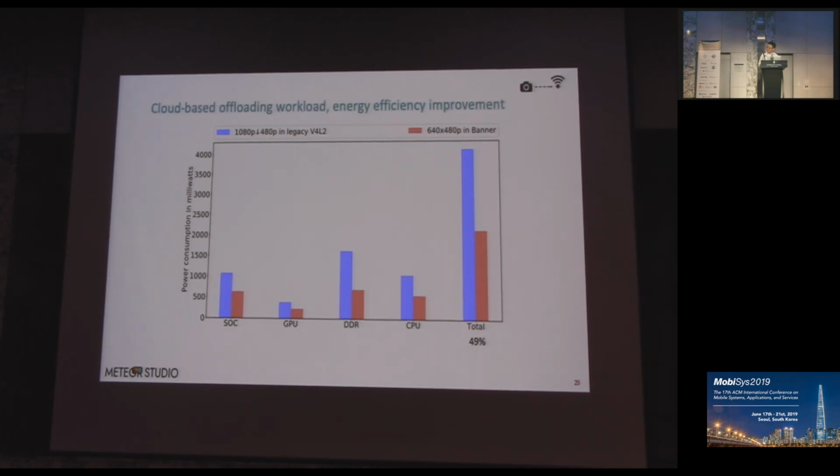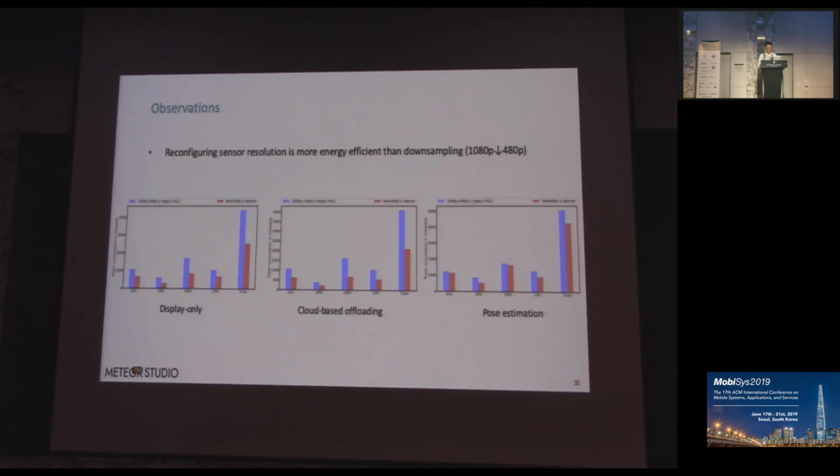In the cloud-based offloading workload, all components on board also consume less power working at real 480p, which in total consumes 49% less power. And in the marker-based pose-estimation workload, this trend continues with a 16% total power saving. So we observed that reconfiguring the sensor is more energy efficient than downsampling.